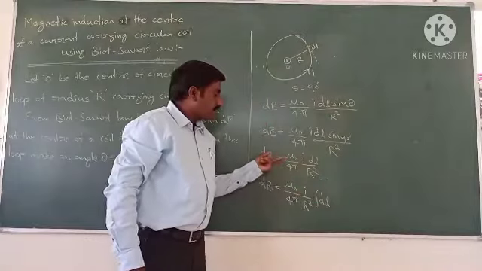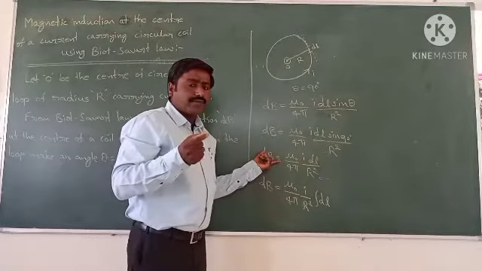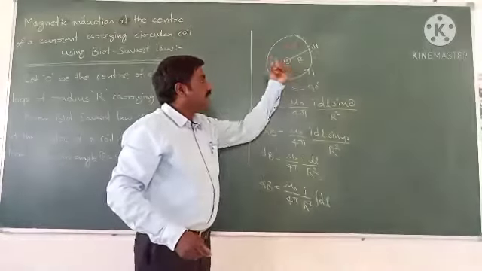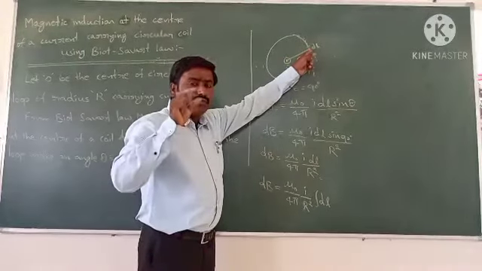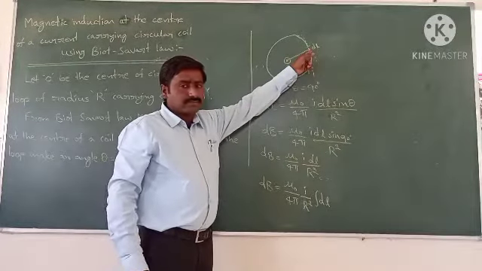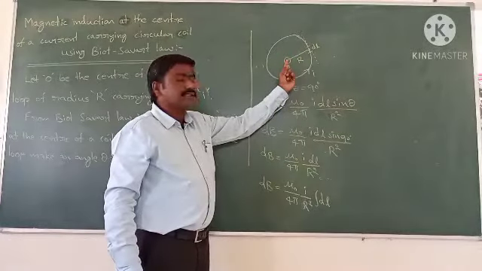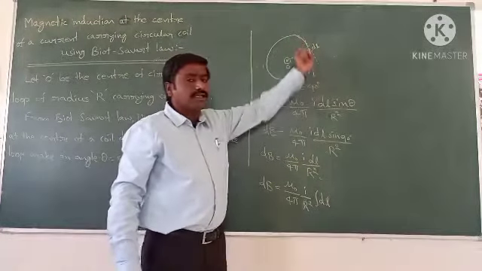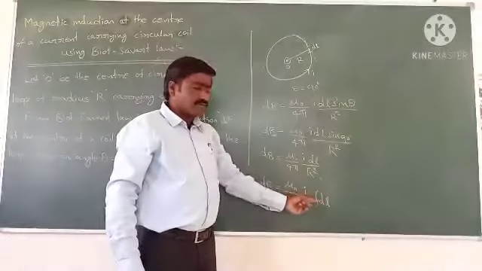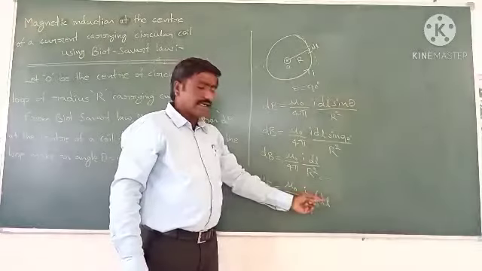So this equation represents the produced magnetic field at the center of a circular coil due to only dl element length. If we want to calculate the produced magnetic field at the center due to an entire circle, then we have to integrate this one, integral dl.